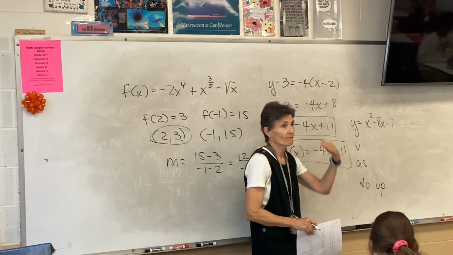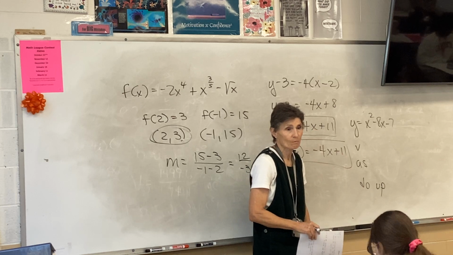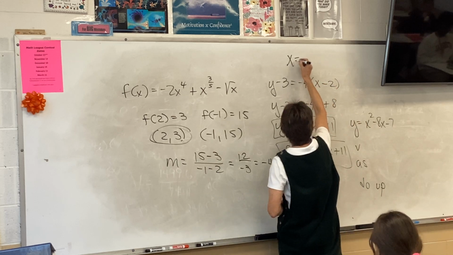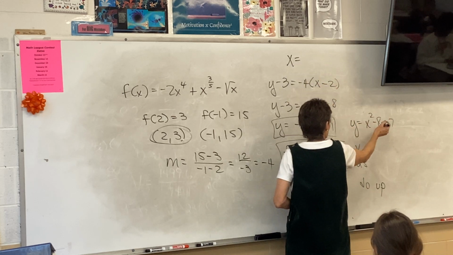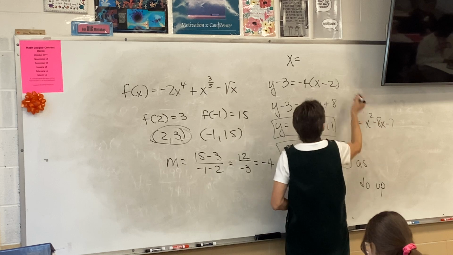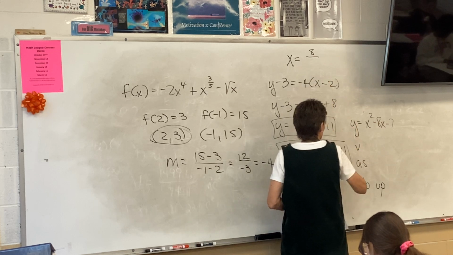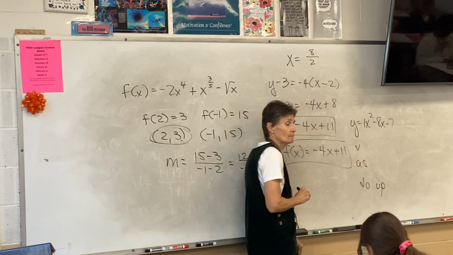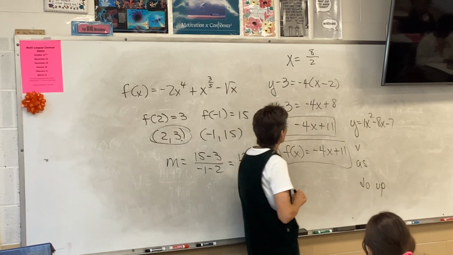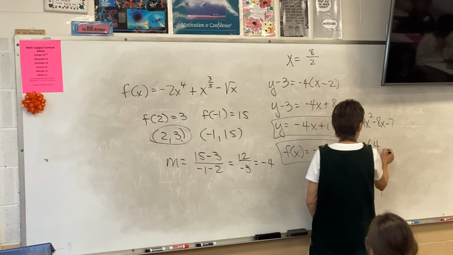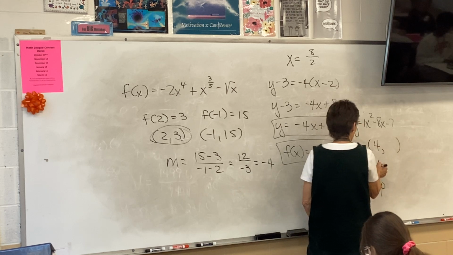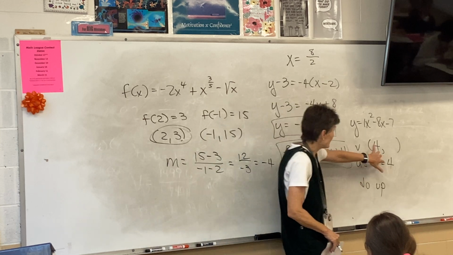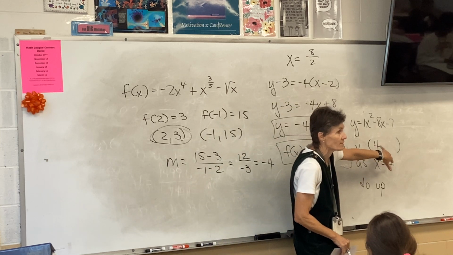So how am I going to find the vertex if it's not vertex form? Negative b over 2a. So x equals negative b, which will be 8, over 2a, which will be 2 because a is 1. So my vertex is 4 comma something, and my axis of symmetry is x equals 4 because these always match.